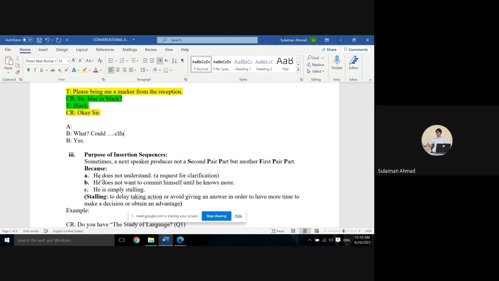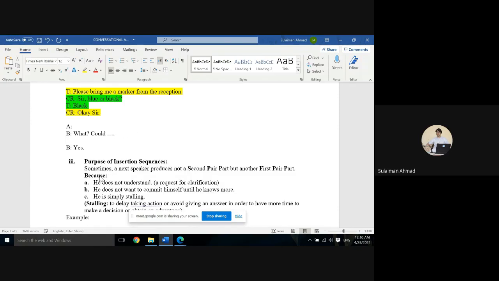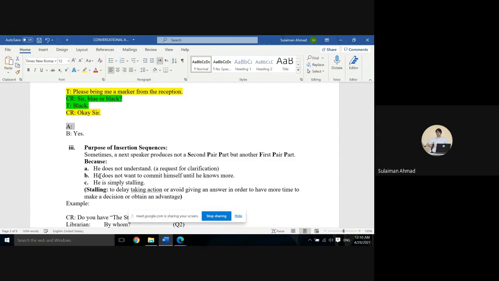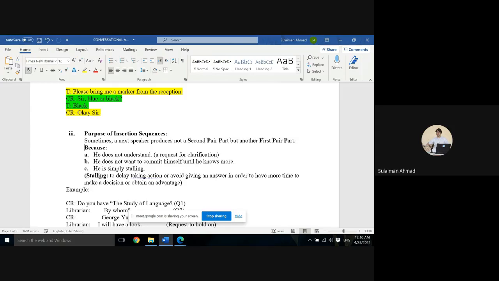Or can you please come again? Then you will repeat that question and I'll say yes or no. So when a speaker does not understand the point, the speaker inserts a sequence for clarification. That is the first purpose of insertion sequences.